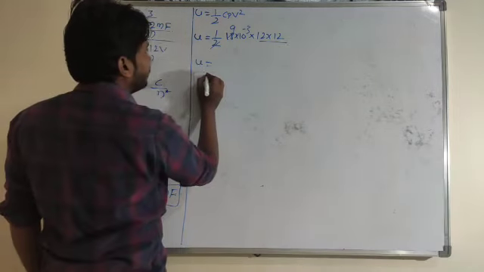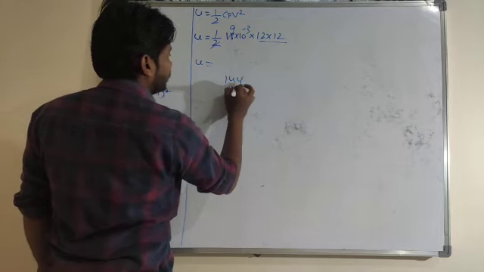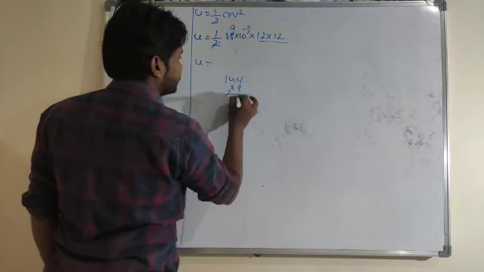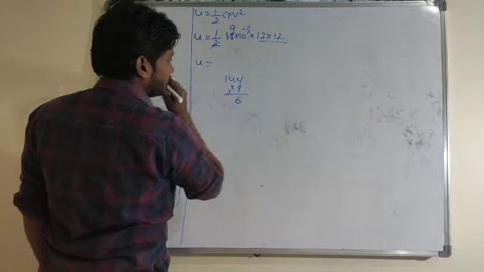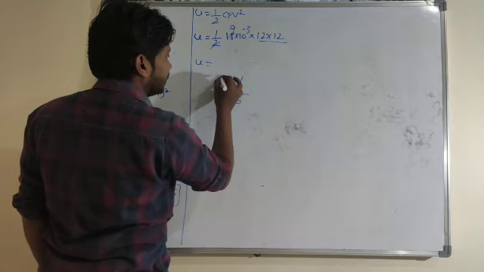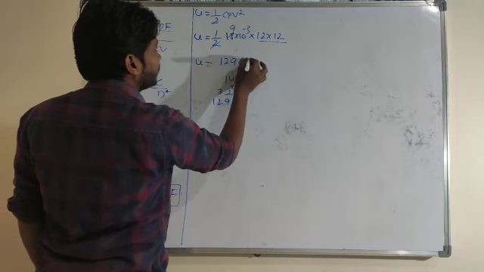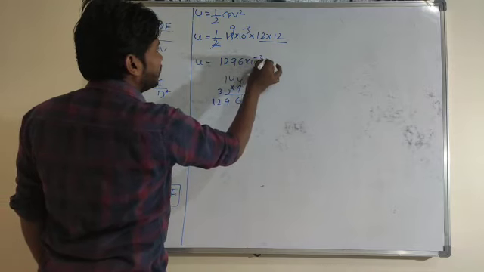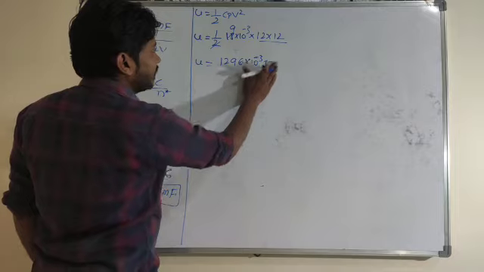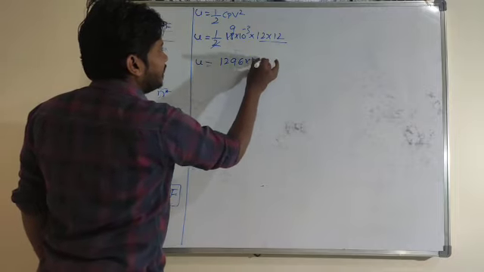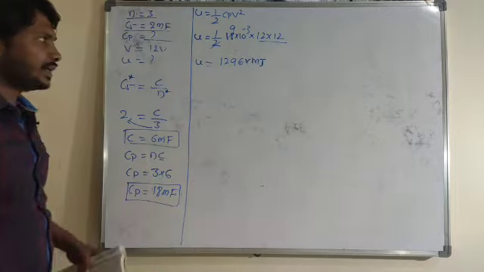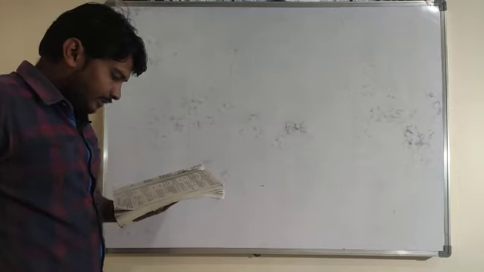Half of 18 is 9. 144 into 9 is 1296 into 10 to the power of minus 3 joules, or 1296 millijoule I will consider. Okay, we'll look at the next one.